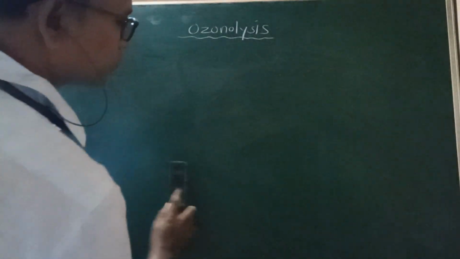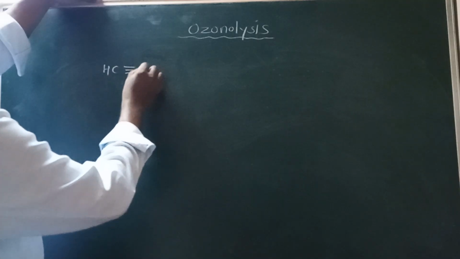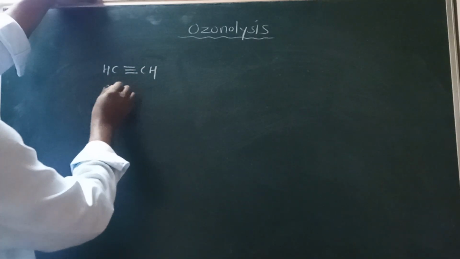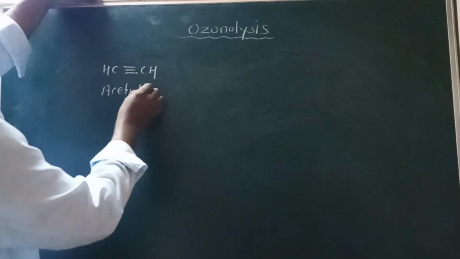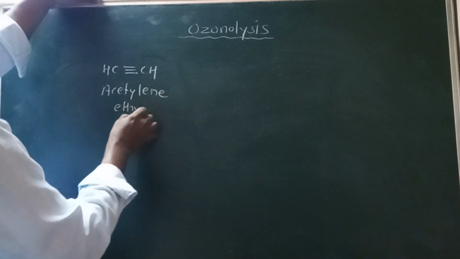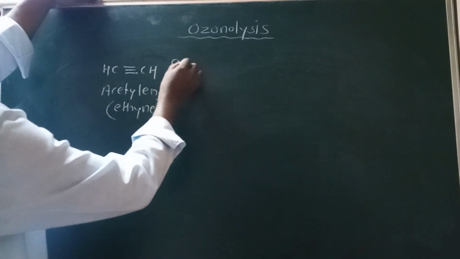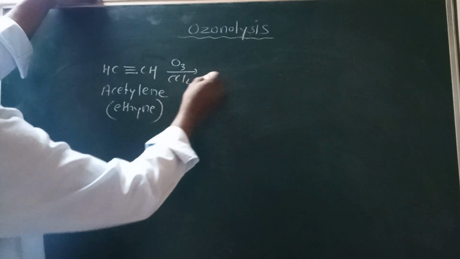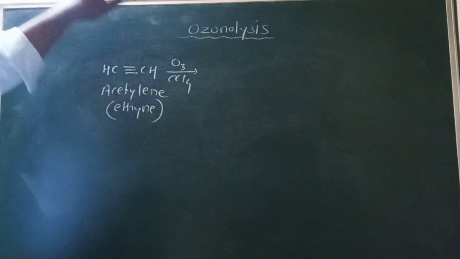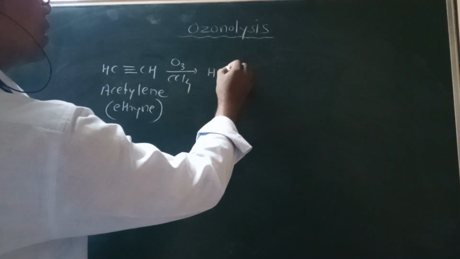Now let's have alkyne. The simple alkyne, or the first member of the alkyne series, is CH triple bond CH. It's acetylene, or its IUPAC name is ethyne. On ozonolysis, in the presence of CCl4, it gives an intermediate compound, that is ozonide, which is like this.